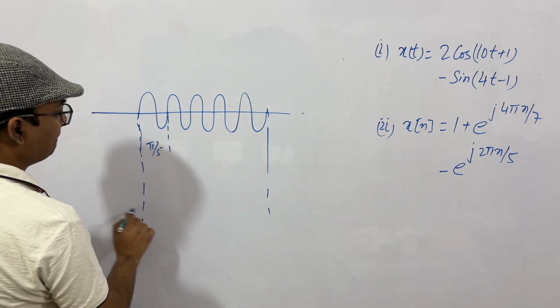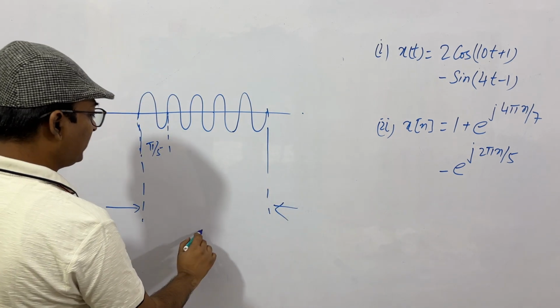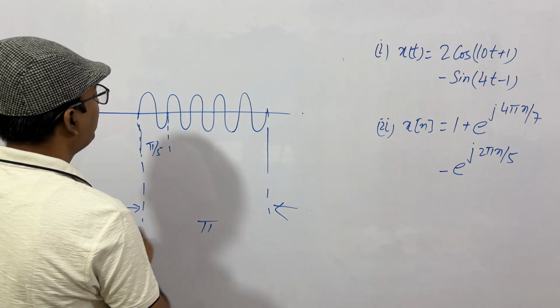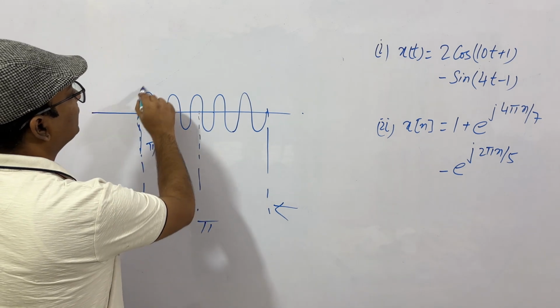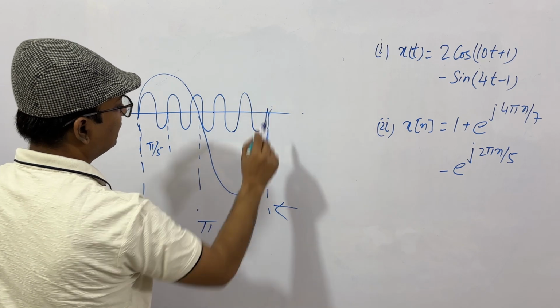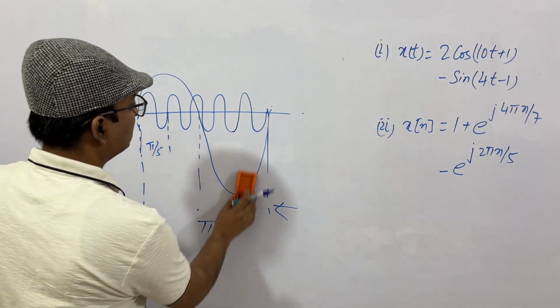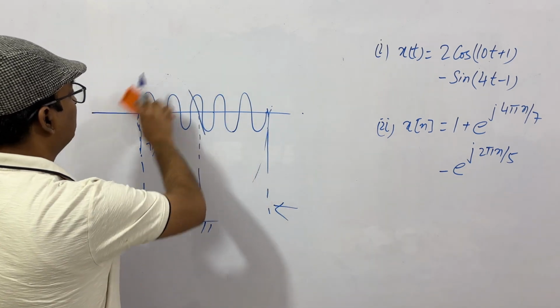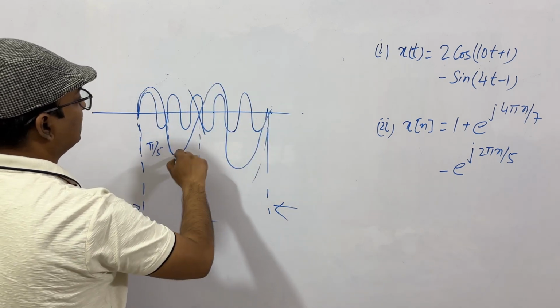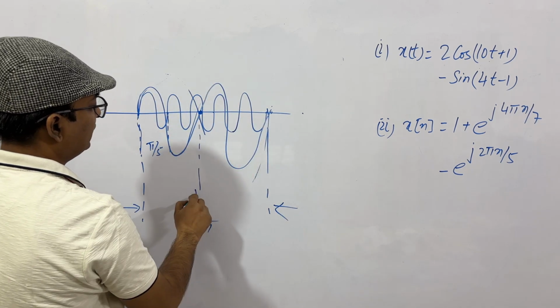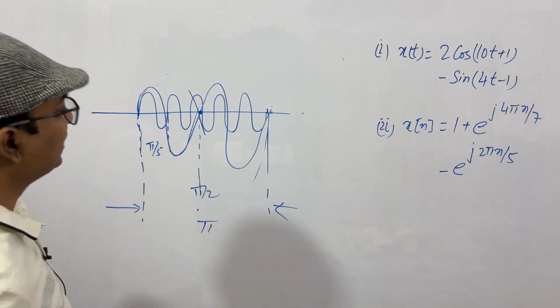Okay, I'm explaining to you. This whole gap is pi. So pi by 2 will be somewhere here. Sorry, I'm mistaken, this is for pi, so pi by 2 is here. So this is the second signal, where the time period is pi by 2.